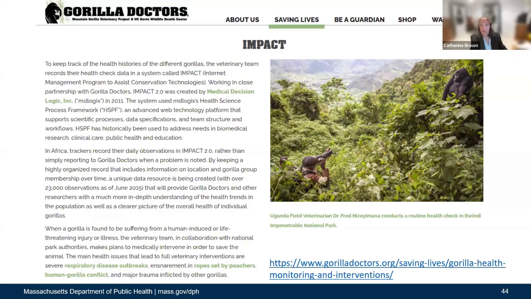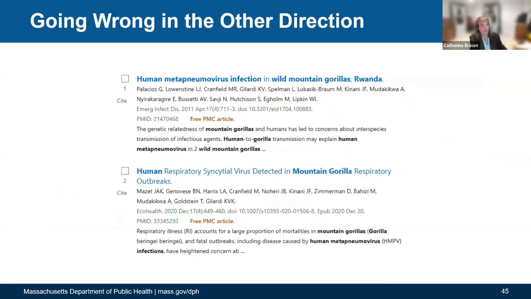And this is one of the groups that is most heavily involved in doing some of this disease monitoring and interventions.